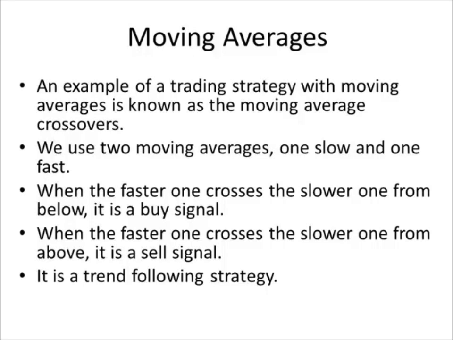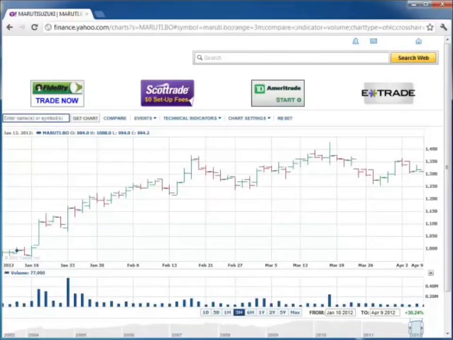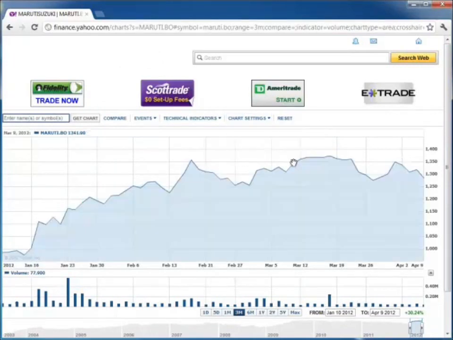So what we'll do now is go back to Yahoo Finance and take a look at an example and see how it works. Now here we are back at Yahoo Finance with Maruthi. So we'll go back to the usual chart, mountain chart in this case.